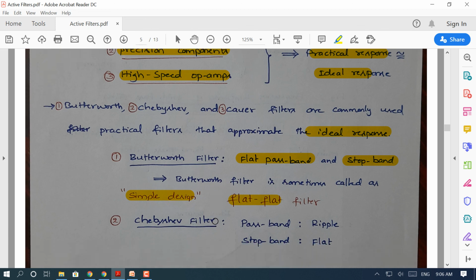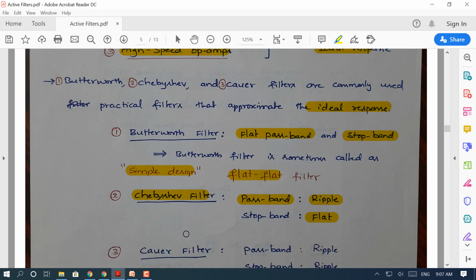Okay. The second type of filter function we use is the Chebyshev filter. The Chebyshev filter has some ripples in the pass band. However, the stop band is going to be very flat. Okay, so these are the features offered by the Chebyshev filter.